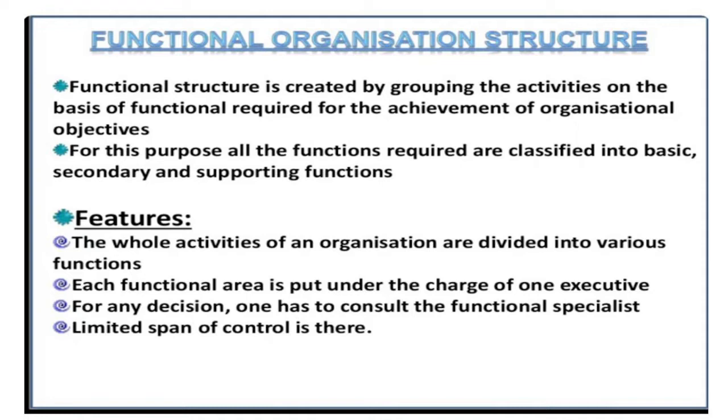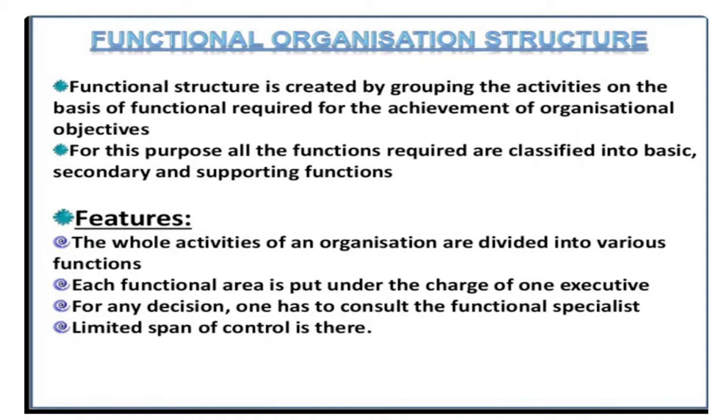So now there are 200 people. You have to group them according to production, finance, marketing, sales, accounts, office, and some other related stores. So now you are dividing them according to the functions.